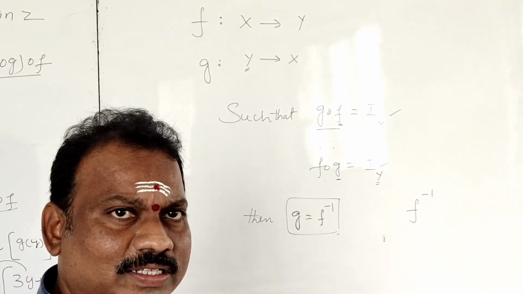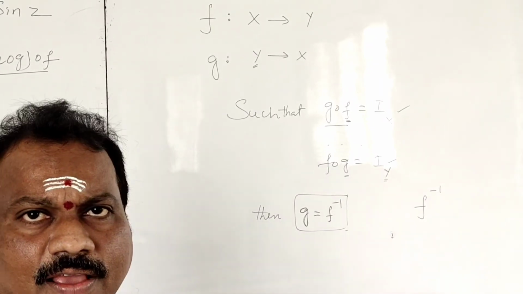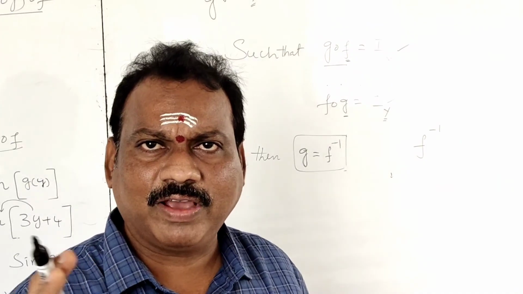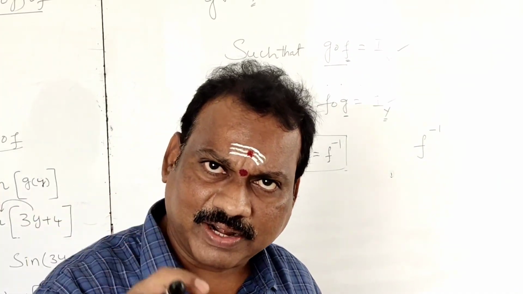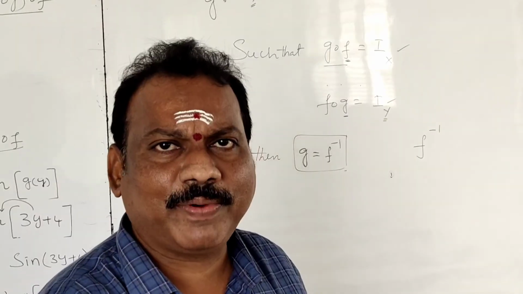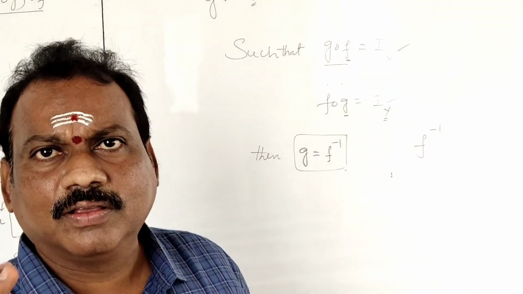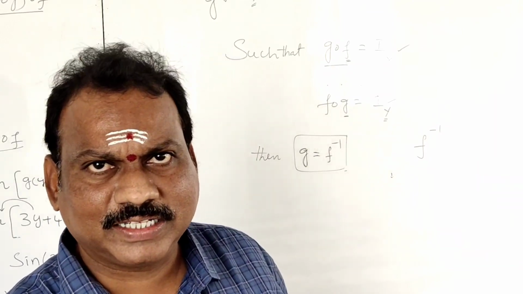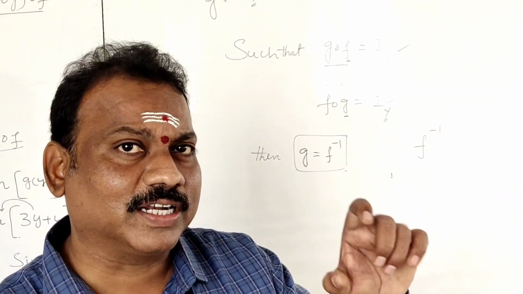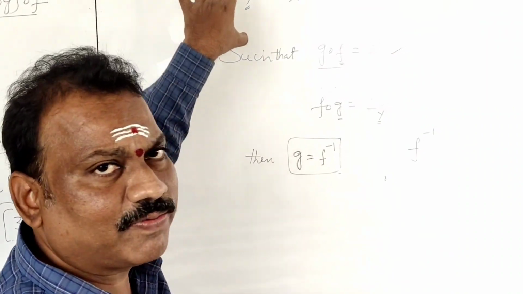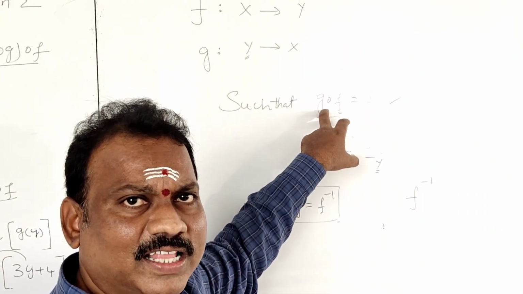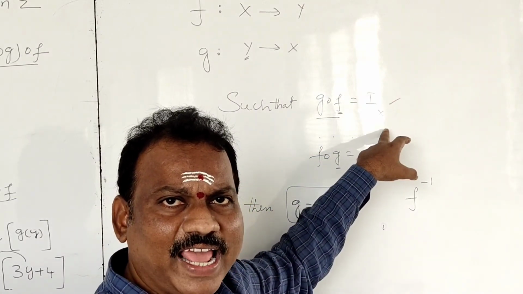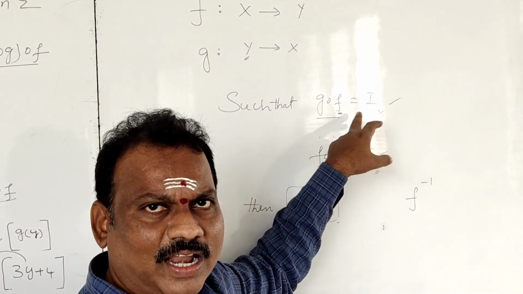Understood? Once again you can see that f is a function mapping from X to Y. X is the domain, Y is the codomain. There exists another function g which is mapping from Y to X. So X to Y, reverse order, the domain and codomain are interchanged. If the composite function g circle f exists, then g circle f is equal to I subscript X. X is nothing but the domain of the last function.